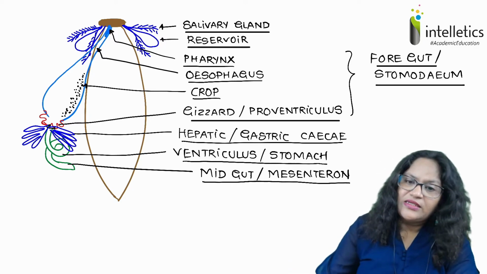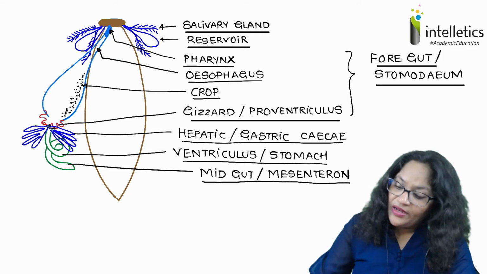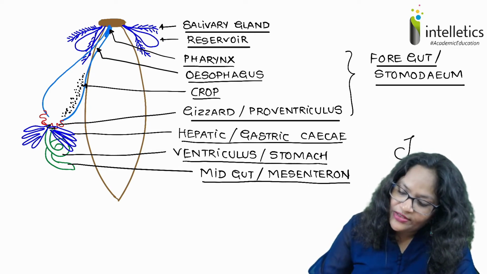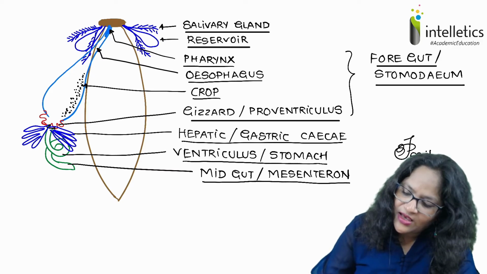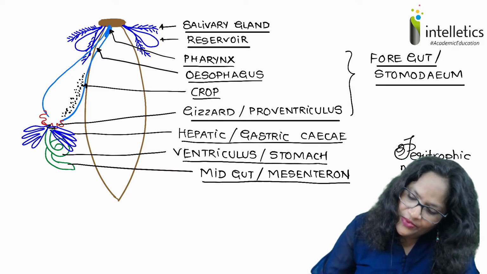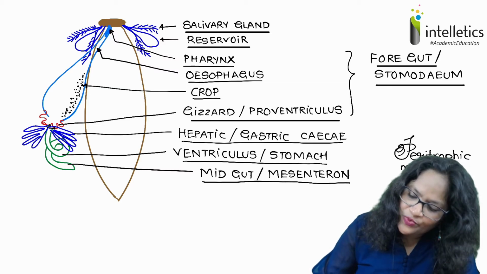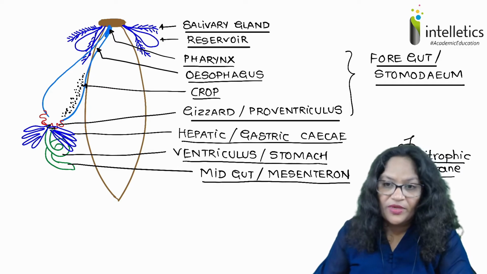Mid-gut is internally lined by peritrophic membrane. Now, this point is not really given in all of the textbooks, so इसको याद रखिएगा. Peritrophic membrane. Now, this peritrophic membrane is the one which protects the inner lining of the midgut.